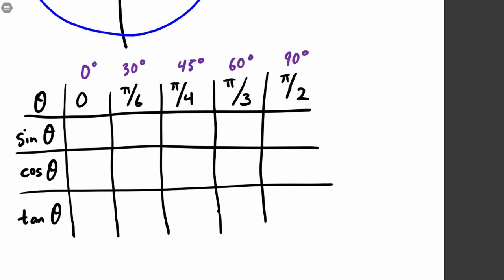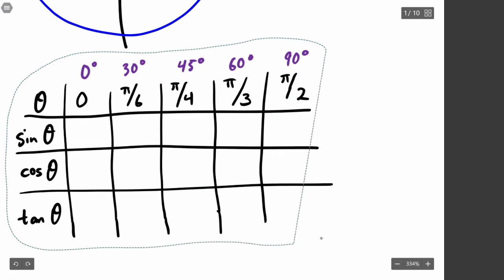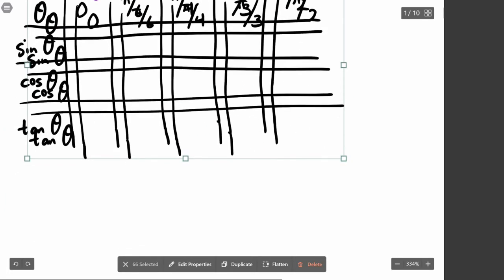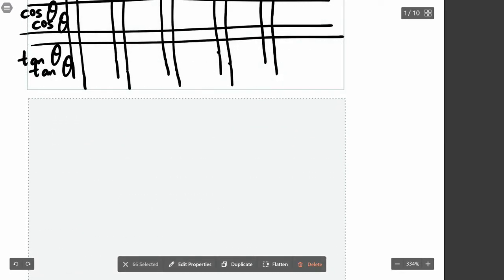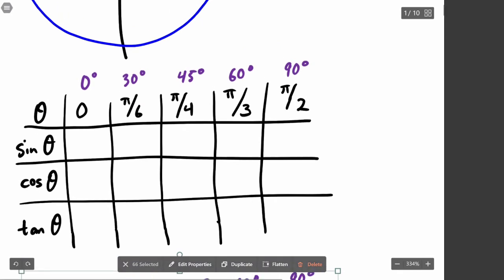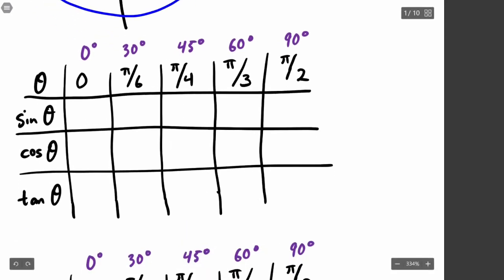So how can we figure out the values here? Well, first what I'm going to do here is I'm going to actually copy this table. I'm going to fill it in a different way in a second here. So here, how do we do this?